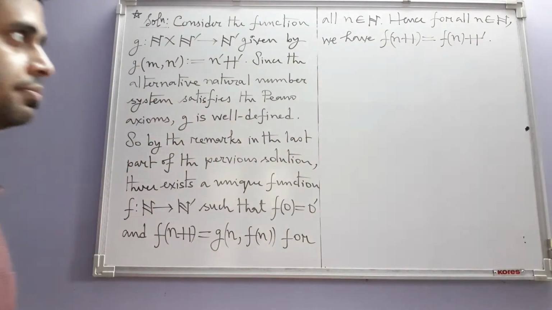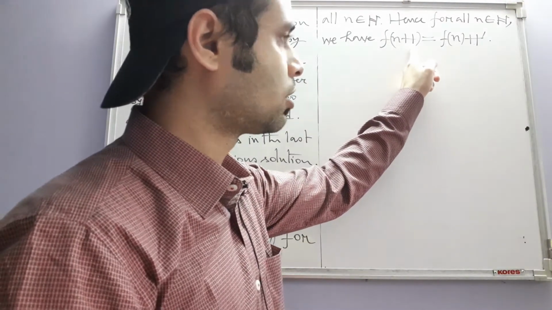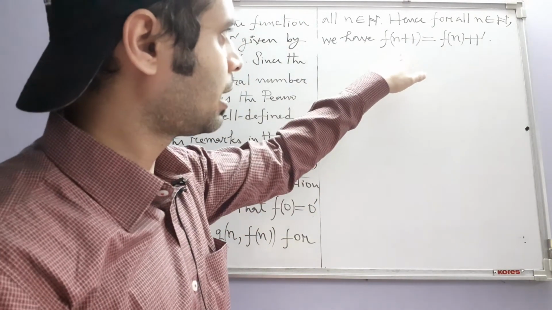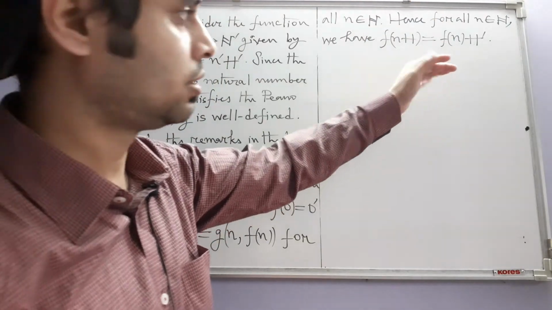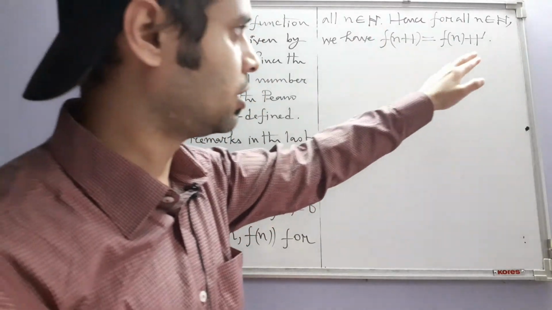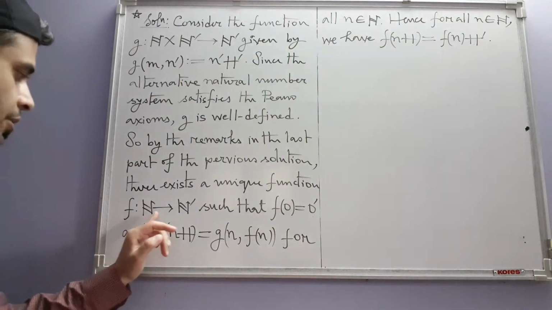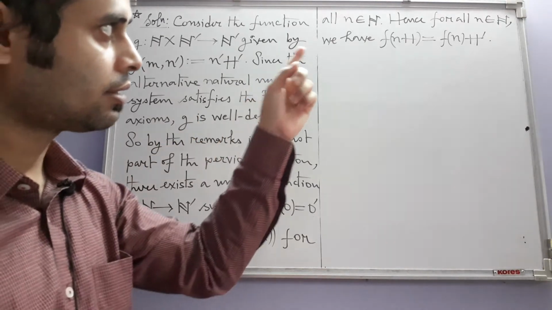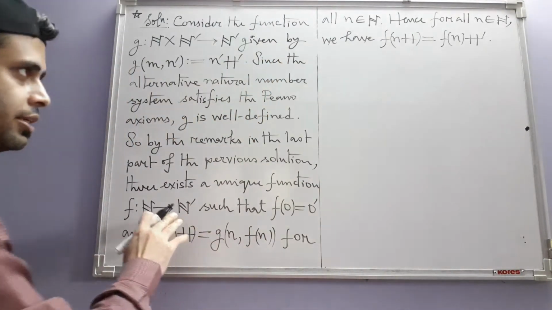Please don't forget the distinction between ordinary successor and alternative successor. For an ordinary natural number n, we can have only an ordinary successor, which is also an ordinary natural number. For an alternative natural number f n, because f is a function from N into N prime, for that we can only have an alternative successor, which is again an element in N prime, that is, an alternative natural number.